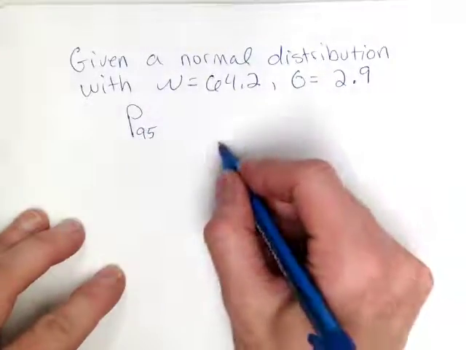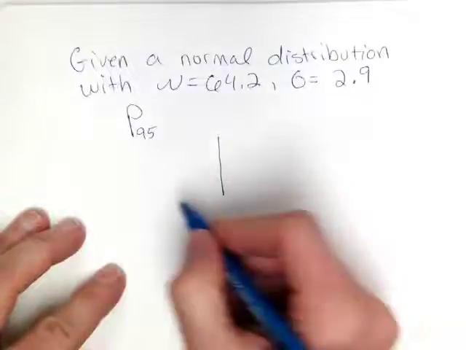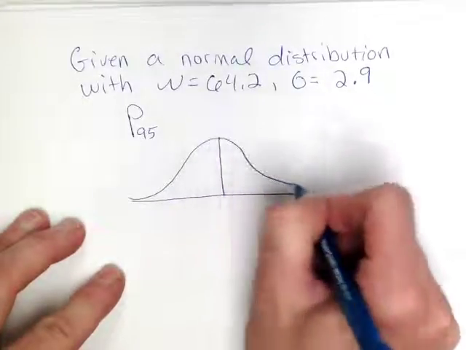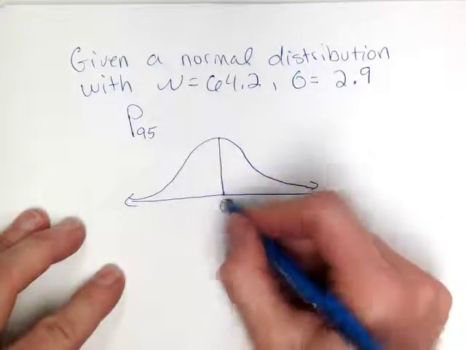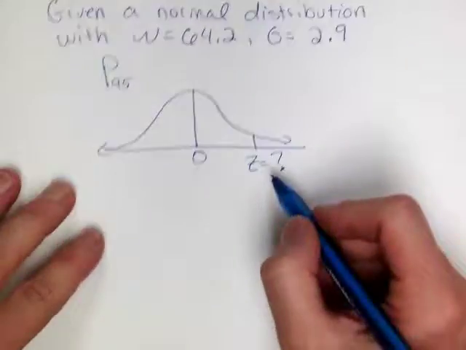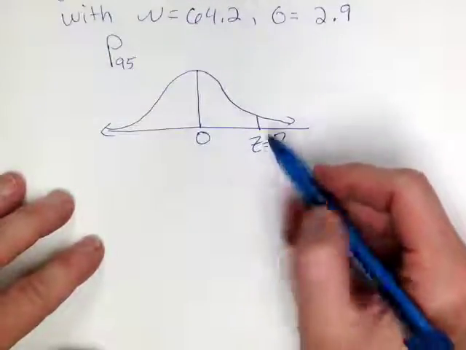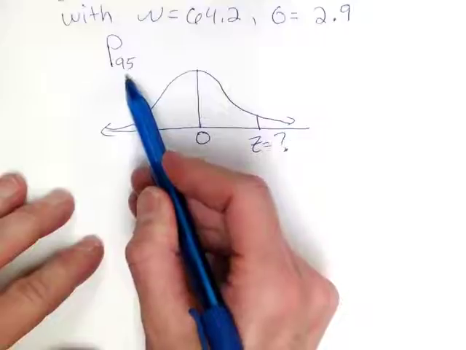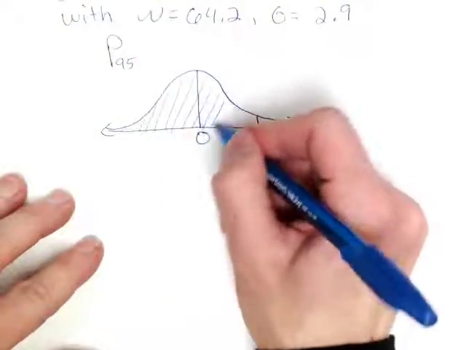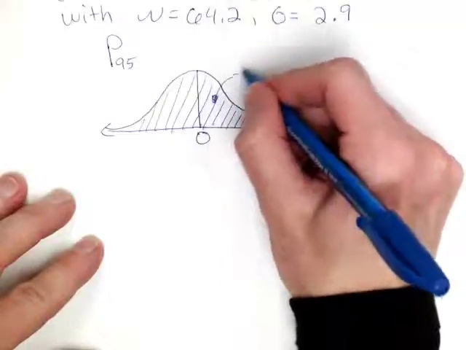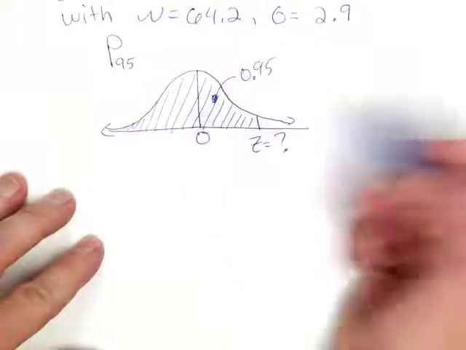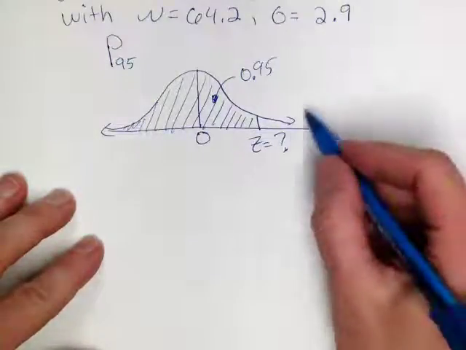Okay, so I want to go ahead and sketch a standard normal distribution, and I first want to get this z-score. Now I know my z-score is going to be above 0 because the cumulative area I'm given is 0.95. Sketching this, putting 0.95 here, I want the z-score that separates the lower 95% of the z-scores from this upper tail.